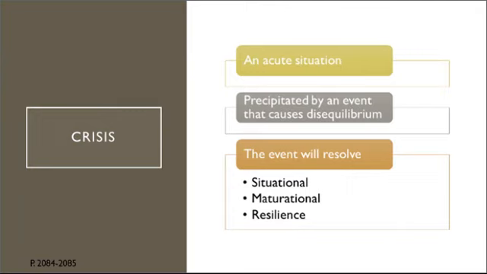The event will resolve when the situation goes away as we grow past it, and with resilience, we develop a resilience as we go through things and we find ways of coping, and we use those when other situations come about.